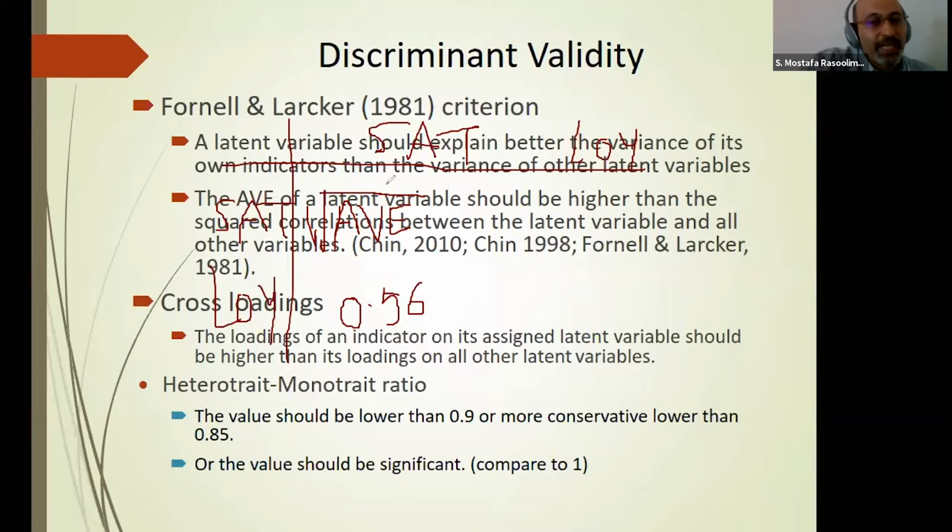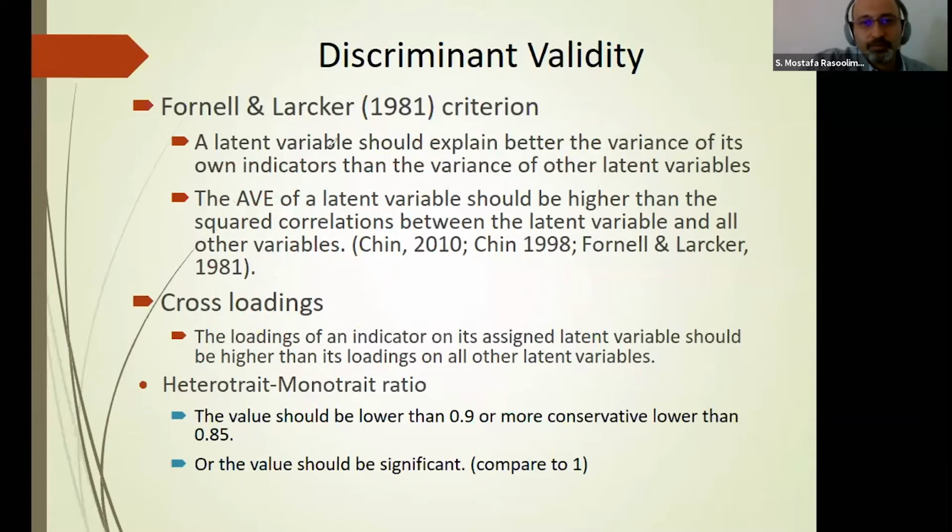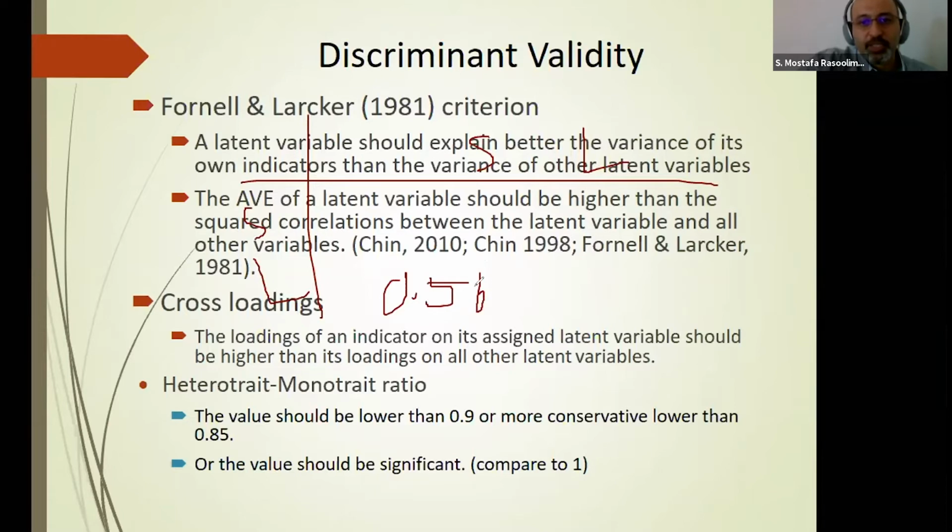So here is the square root of AVE of satisfaction. Satisfaction, loyalty. This one is 0.56, the correlation, and the square root of AVE is 0.75, for example.